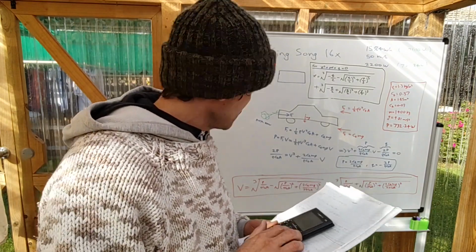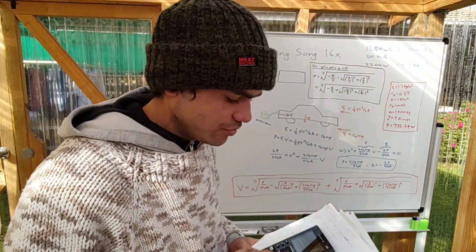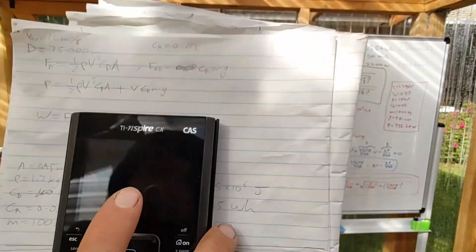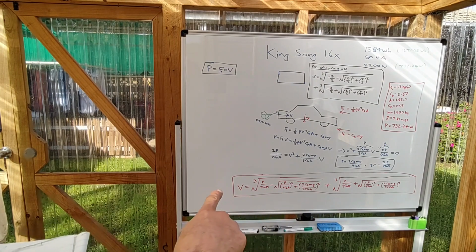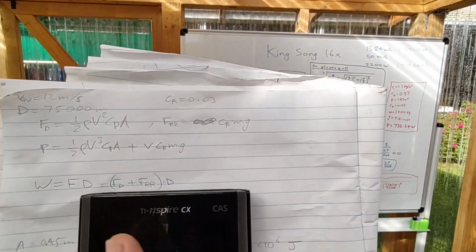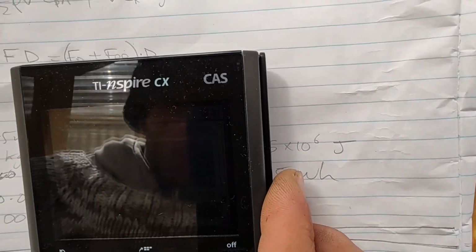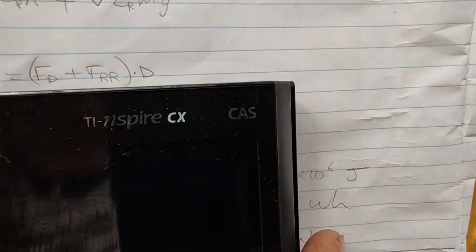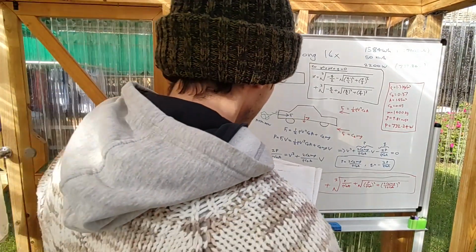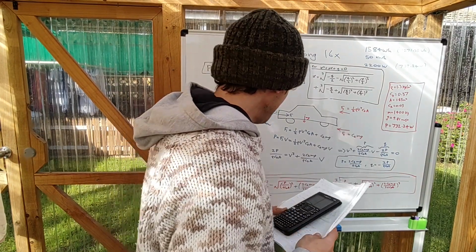Alright, so the answer is 1.7712 meters per second. I don't know if you can see the screen on the calculator here, but we've got that equation, that bit in red, on the calculator. This is a pretty cool calculator. It shows you the exact equation you're putting in. Maybe you can't see that, but anyway. The answer is 1.7712 meters per second.